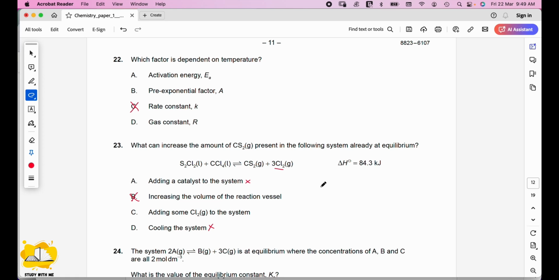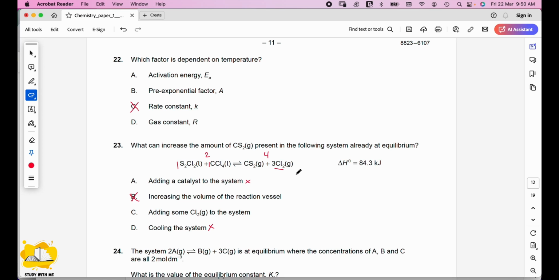Let me explain a little bit why. So the key here depends on the coefficients. The coefficient here is 1, and this one is also 1, so it's 2. And for this one, it's 4. Okay, so adding volume is the opposite of pressure.